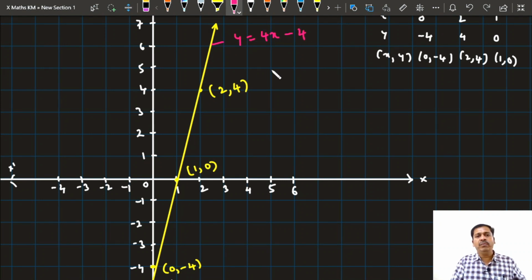So the line I have represented by the yellow line is representing y is equal to 4x minus 4. So one of the lines we have represented.